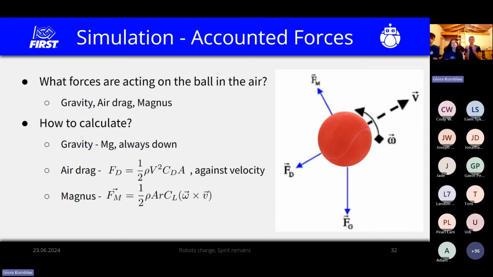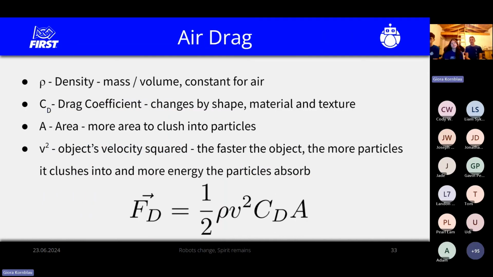So air drag works in the opposite direction of the velocity, as you can see in the picture. This is its equation. One thing you have to note is that all the equations and the physics and the math for the shooting of the game piece this season, we actually found from a research paper that someone did regarding shooting tennis balls.